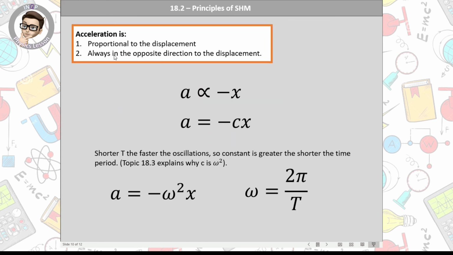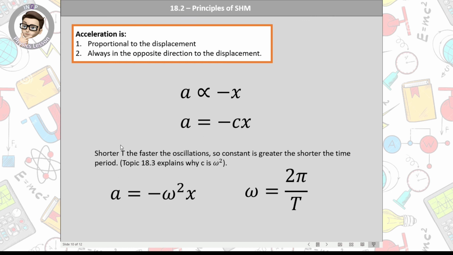And acceleration is always in the opposite direction to the displacement. So acceleration is proportional to the negative displacement. And when we have a proportionality symbol here, we can actually add a constant of proportionality, which we can call c. So acceleration is then equal to minus c times x.